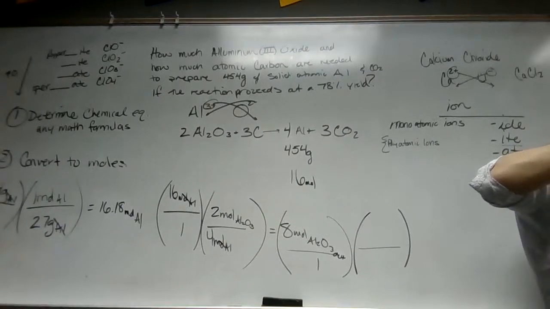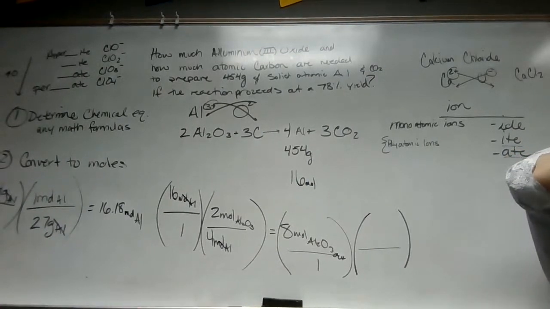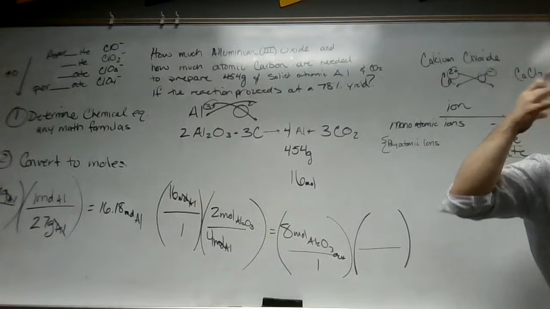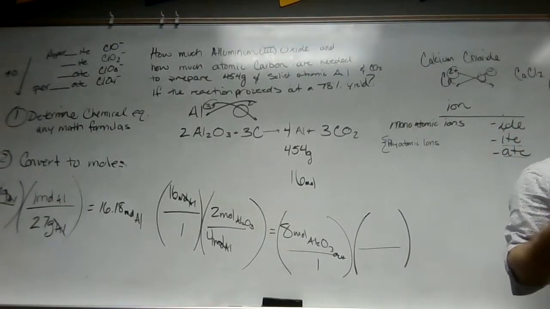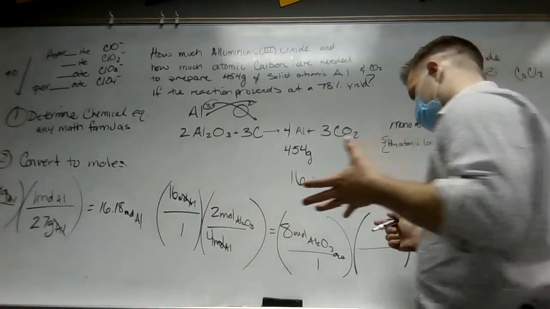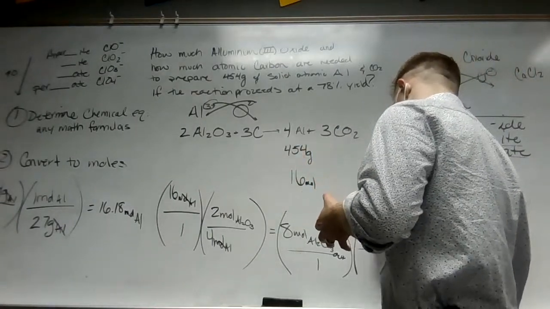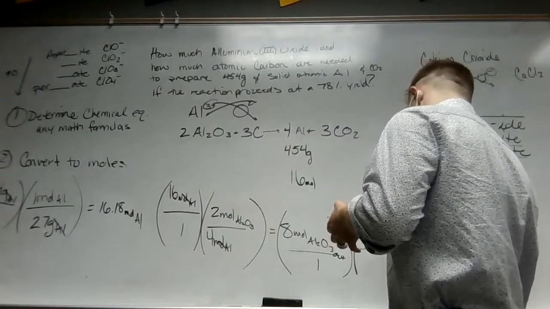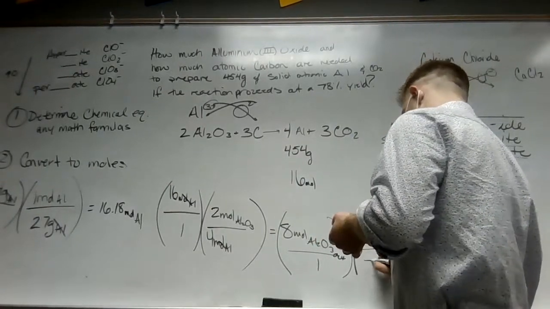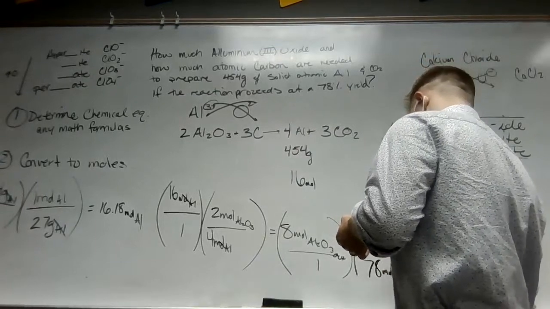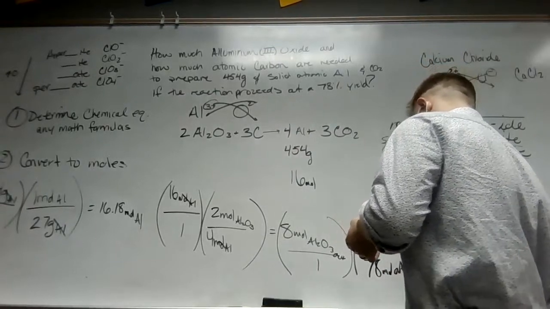Does that make sense? Yes. If I buy ingredients to make 100 cupcakes and I mix them all together and I can only make 78 of them, I have a 78% yield. So we have 100 moles in, 78 moles out.